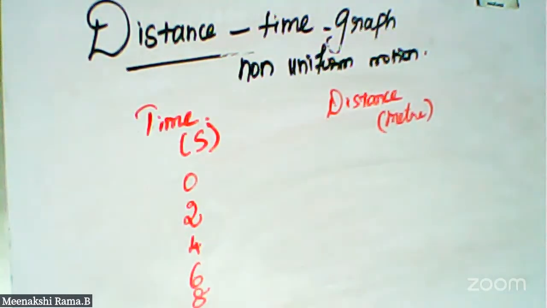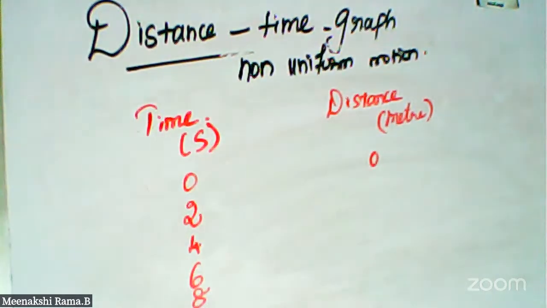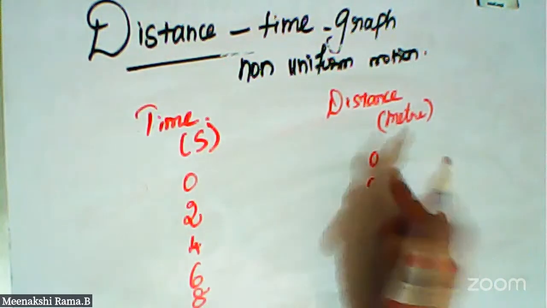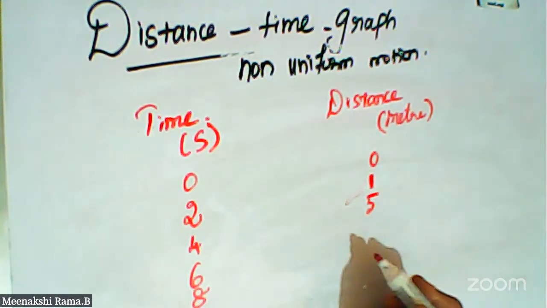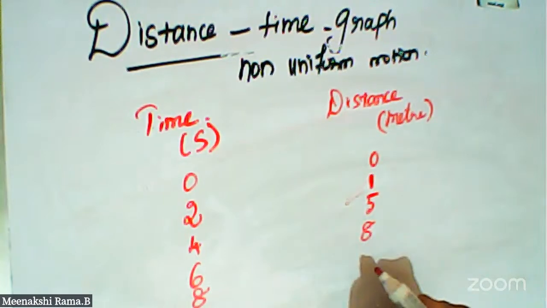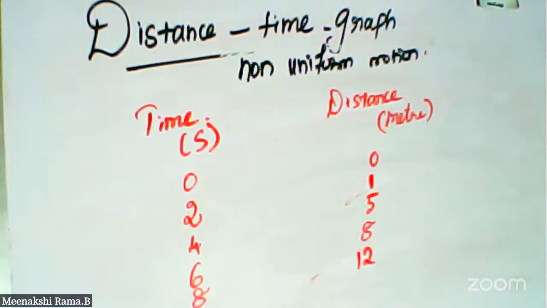At 0 seconds, 2 seconds, 4 seconds, 6 seconds, 8 seconds, like that. At 0 seconds, it crosses 0 meters. At 2 seconds, it crosses 1 meter. At 4 seconds, 5 meters. At 6 seconds, 8 meters. At 8 seconds, 10 or 12 meters, like that. Just look at the data: the time duration and the distance are not equal.